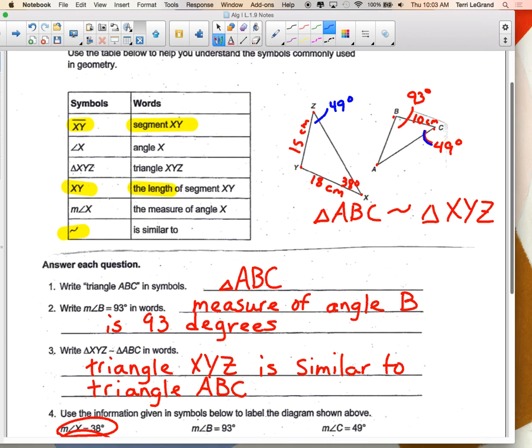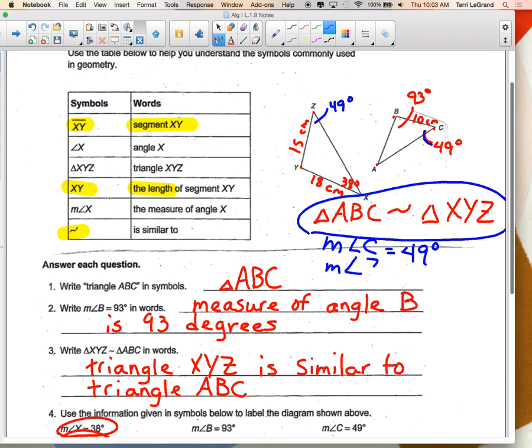So again, I don't have the picture. I just know that triangle ABC is similar to triangle XYZ, and I have been told that the measure of angle C is 49 degrees, and the question is, what's the measure of angle Z?